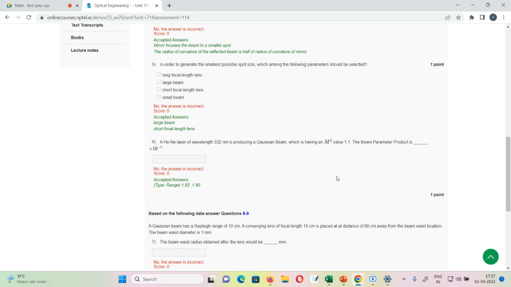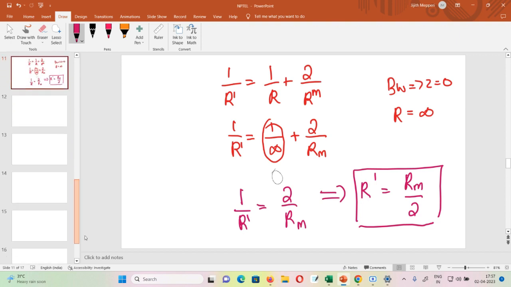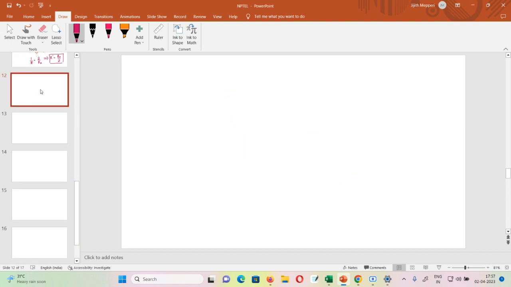So you want a very small spot size, so you will have a laser beam or something, and you want a very small spot size. And what you will do, that's the question.